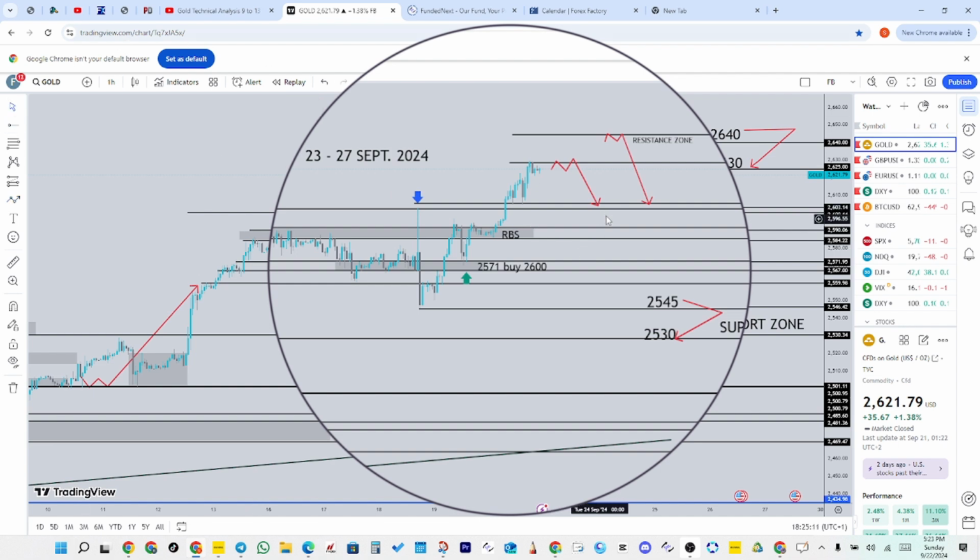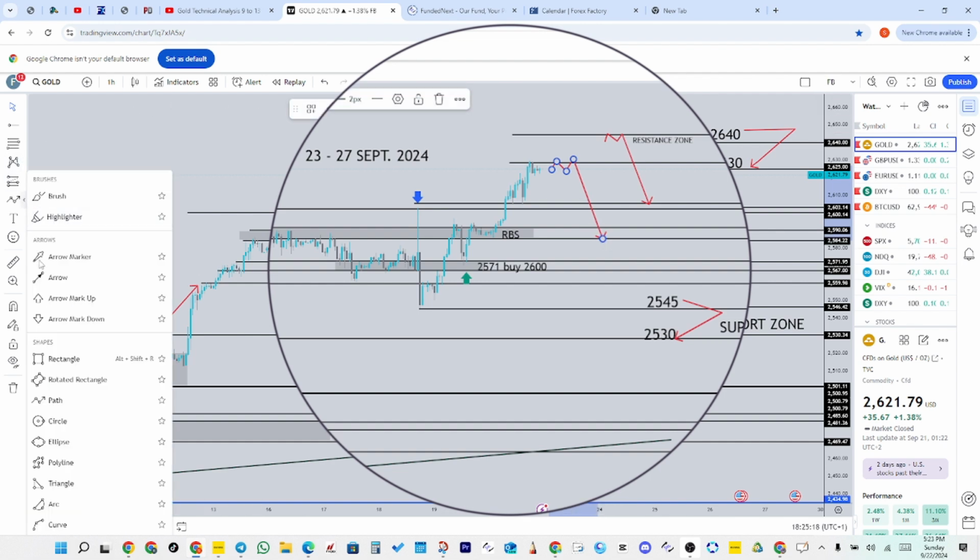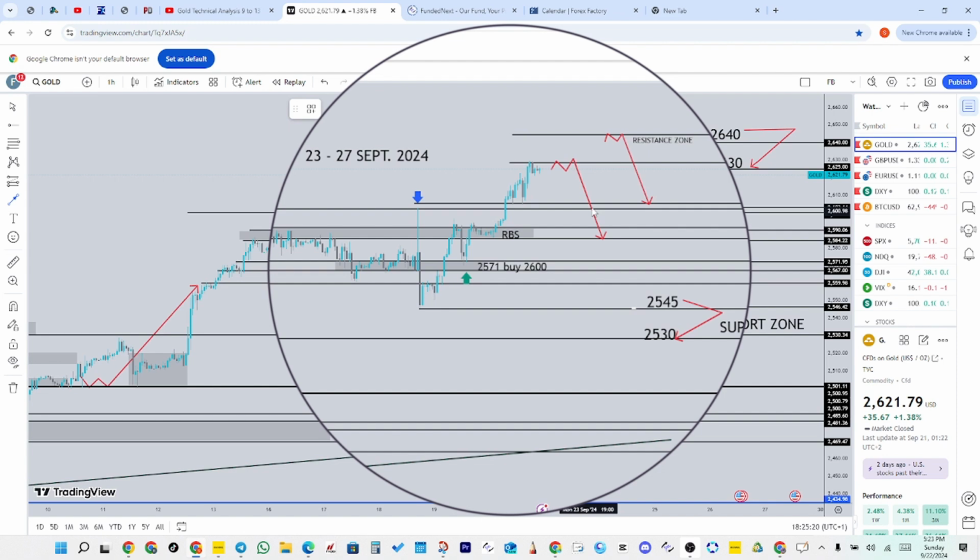But if the market should come down, let me do it this way so that you guys will appreciate it the more. If it is going to come down, it is going to react somewhere here first, to retest if this 2630 is the resistance area. It will come to this area, retest and then go back to make another touch here.